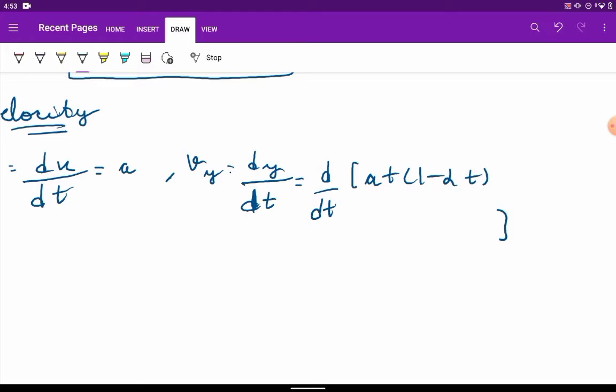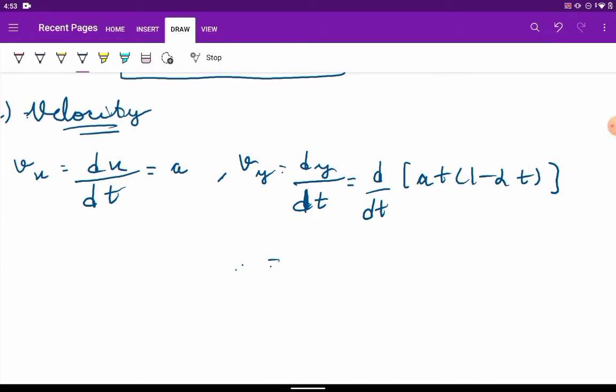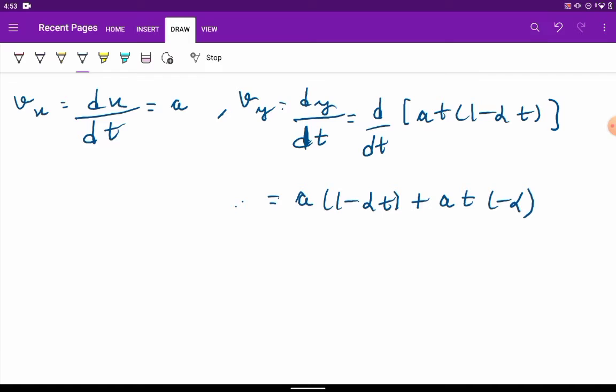A is a constant, so a comes out, and you can apply the product rule. First I differentiate t and keep 1 minus alpha t as it is, and then I keep t as it is and differentiate 1 minus alpha t with respect to t, which gives me minus alpha. So vy becomes a minus 2 alpha a t.